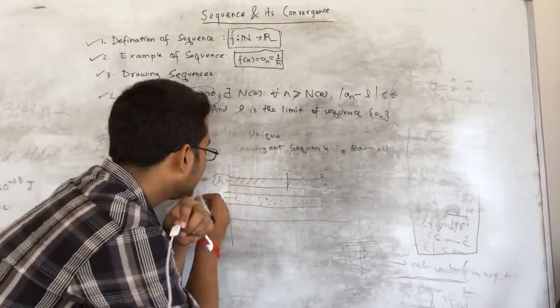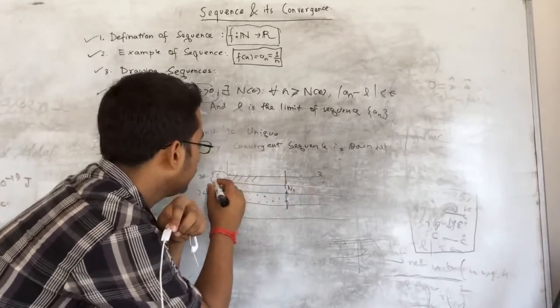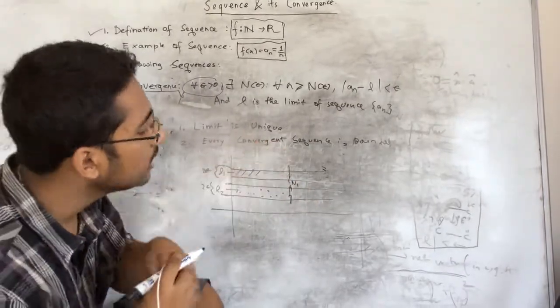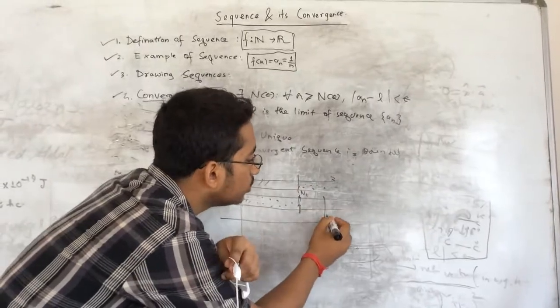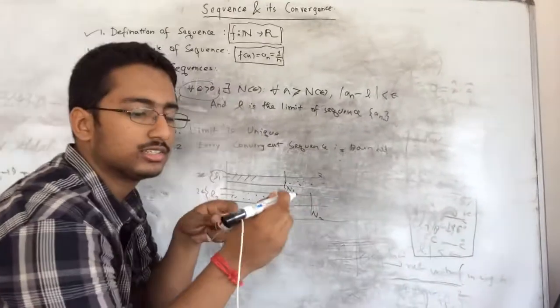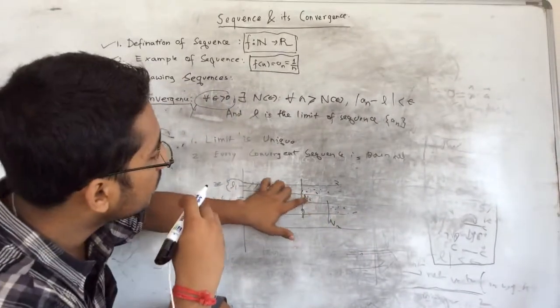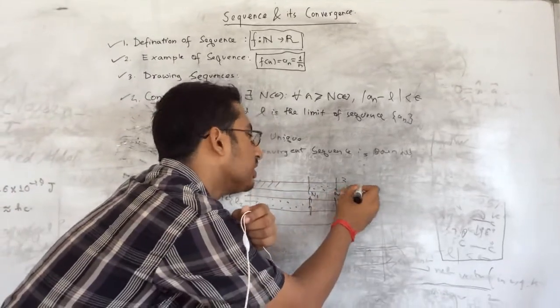Now for this epsilon, there exists an n1 for L1, such that after this, all the numbers in the sequence lie in this strip. Again, there exists an n2 for L2, after which all the sequence numbers lie in that strip. So it means after the maximum of these two numbers, say n2, all the sequence lies in both this and that.